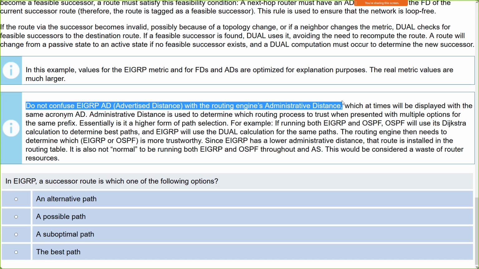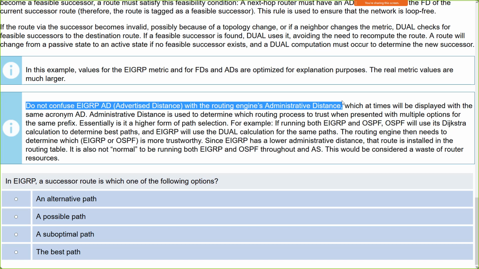The only other choice would be to change the metrics just slightly so that they're not quite the same. It sounds like somebody was changing bandwidths or delays for a different reason, maybe to affect a QoS policy, and they didn't realize its effect on EIGRP. But the only solution is either make them different or turn off load balancing by changing maximum paths.